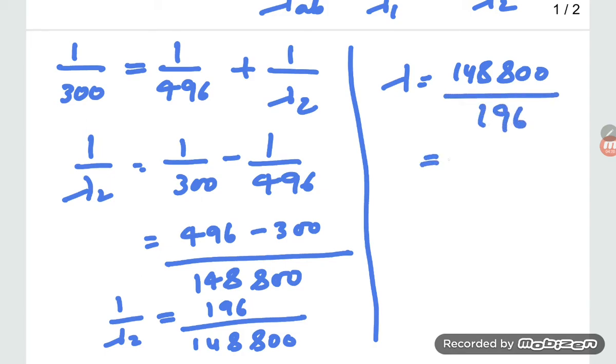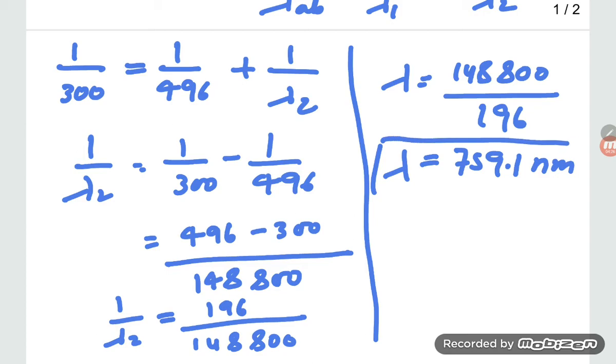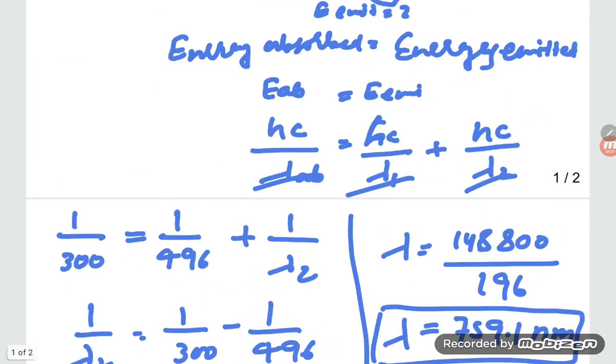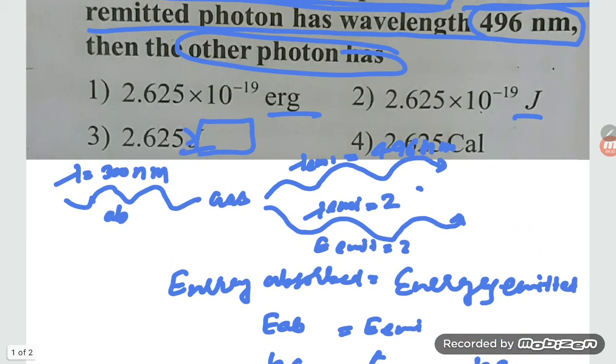How much is coming, student? 759.1 nanometer. This is the lambda you got.